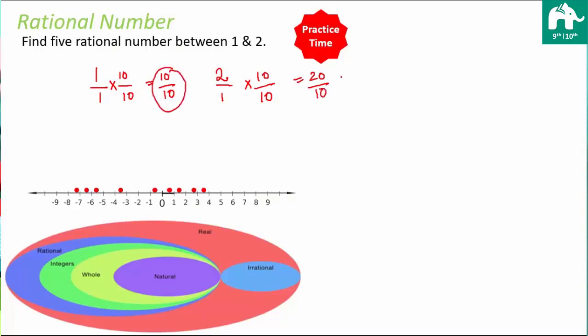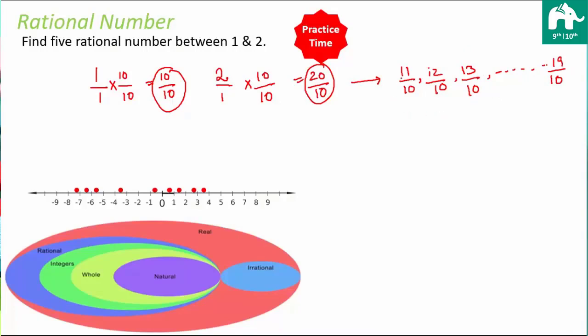Now suppose I have to find values between 10 by 10 and 20 by 10. What will those values be? They could be 11 by 10, 12 by 10, 13 by 10, 14 by 10, 15 by 10, and so on, 19 by 10 and then 20 by 10. So all these numbers will lie between 10 by 10 and 20 by 10.